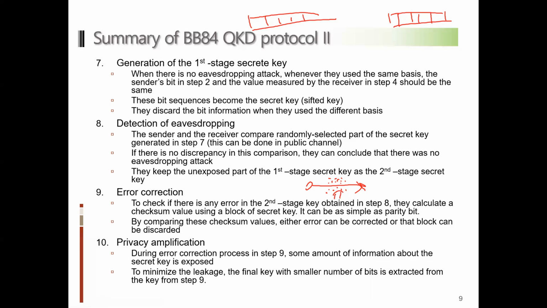The typical system generally has some finite amount of error. When you want to transmit the photon over a long distance, generally you don't send the photon through the air. If you want to share the secret key between Seoul and somewhere else in the local area, you cannot directly send out the photon.